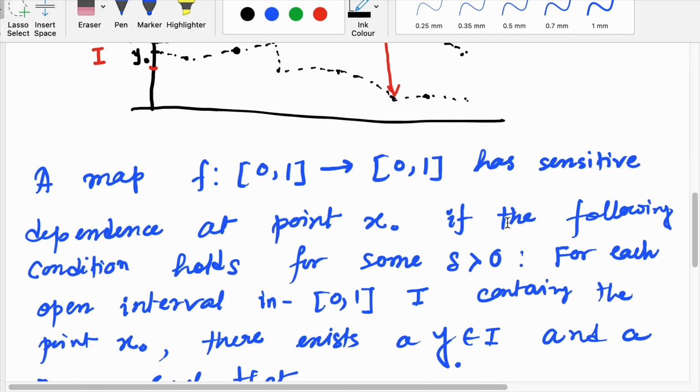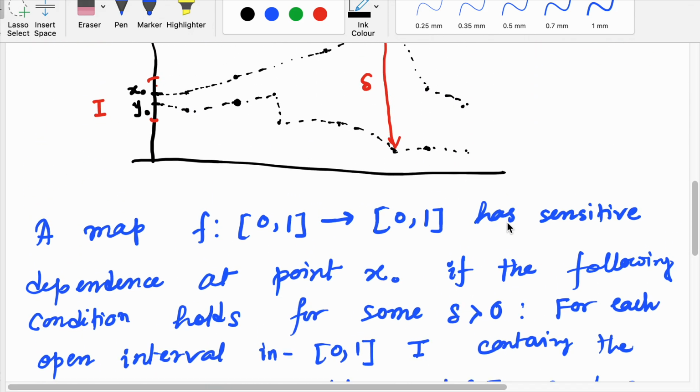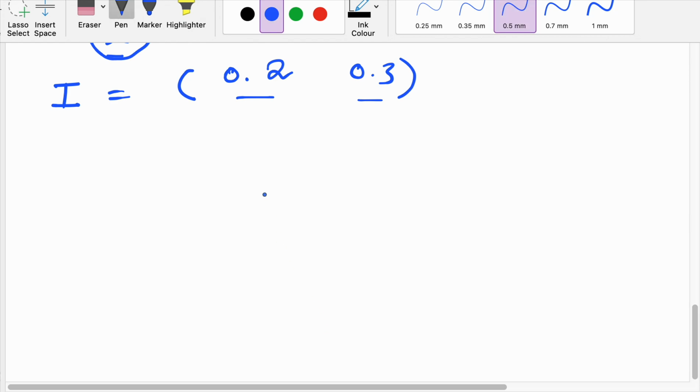So in mathematics, instead of words, they use quantifiers. Let me introduce these quantifiers. Don't worry, nothing new here, it's only this definition in terms of mathematical symbols, because writing this much language is very difficult. So let's introduce these symbols.